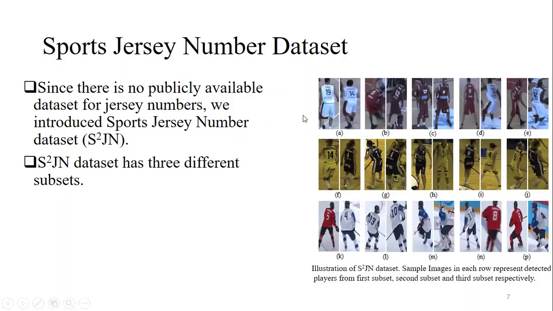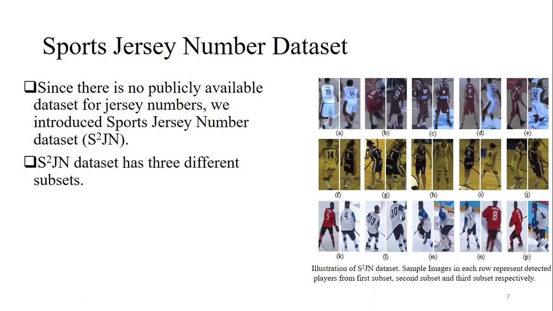In the first row are detected players from the first basketball subset, the second row represents the detected players from the second basketball subset, and the third row represents sample images of detected players from the ice hockey subset.